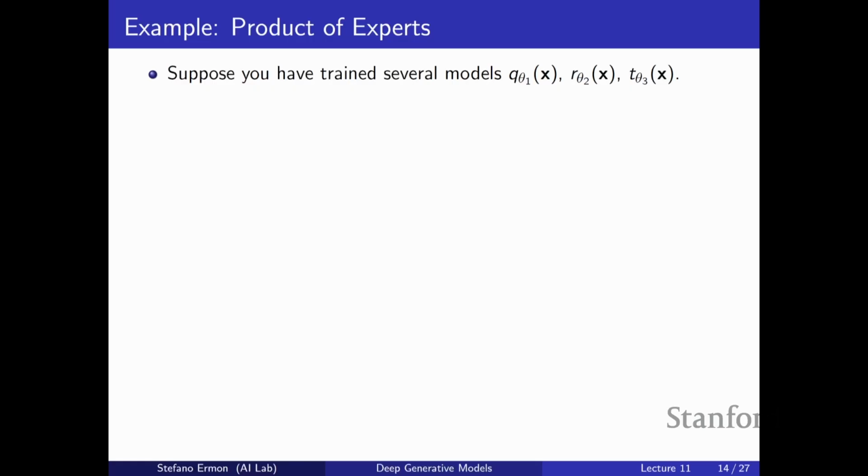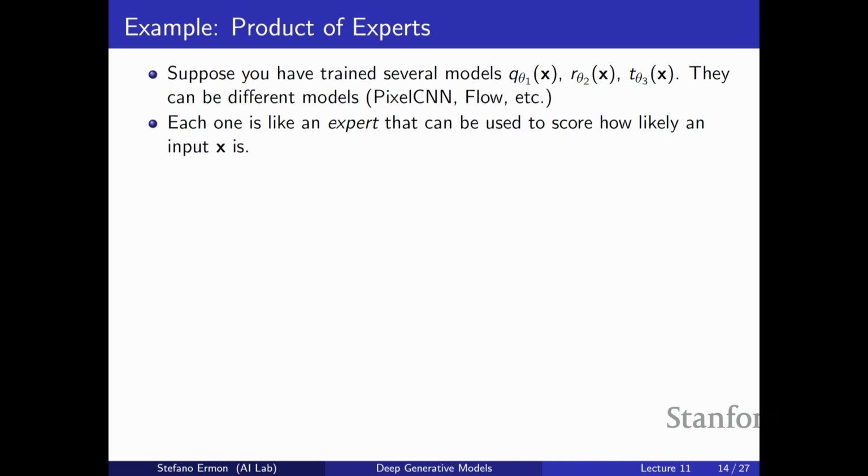Cool. Now another thing you can do is combine various models. Let's say that you have a bunch of probabilistic models, for example even different model families, maybe a PixelCNN, a flow model, whatnot. Each one of them is like an expert that will individually tell you how likely a given x is.